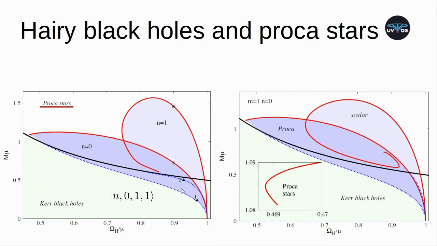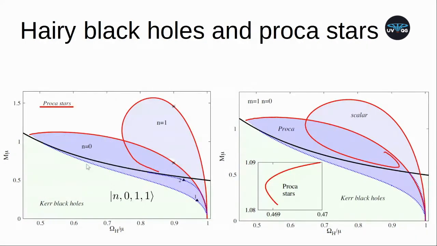And this blue dashed line corresponds to the existence line of the cloud. This one corresponds to the existence line for 0011, and this for 1011.